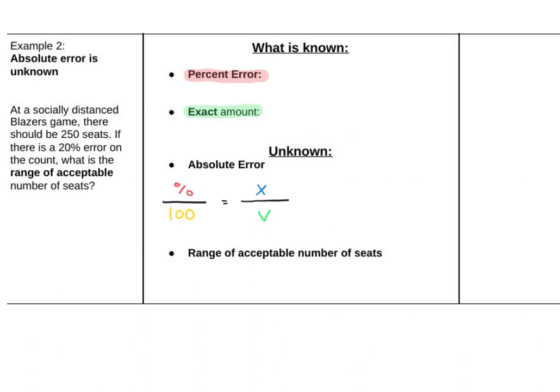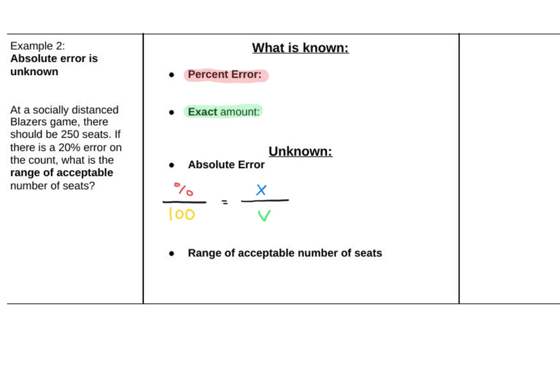This problem is a little bit different, but it's going to use the same general pattern. So here, our absolute error is our unknown. So we have a socially distanced Blazers game, and there should be 250 seats. There is a percent error of 20% on the count, and this is asking us what is that range of acceptable number of seats.